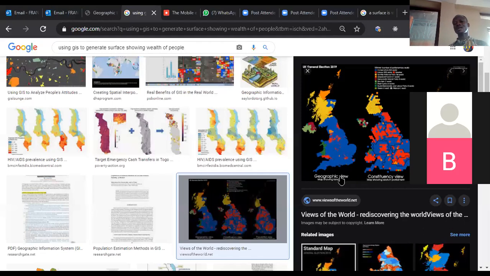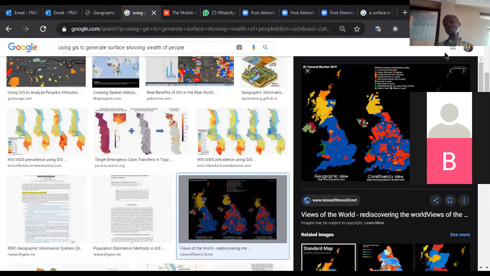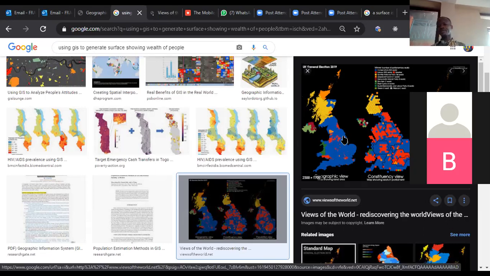I've just Googled randomly, but hopefully it will help me make the point even clearer. All the images you are seeing, for example this one is England, the one on the right, because I know the shape of the United Kingdom.